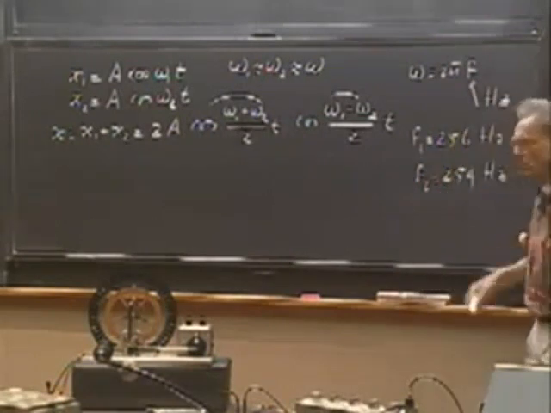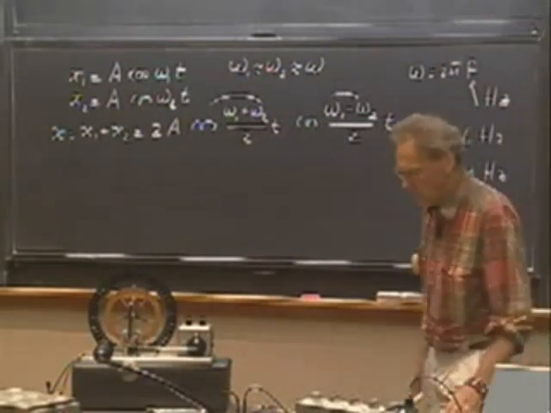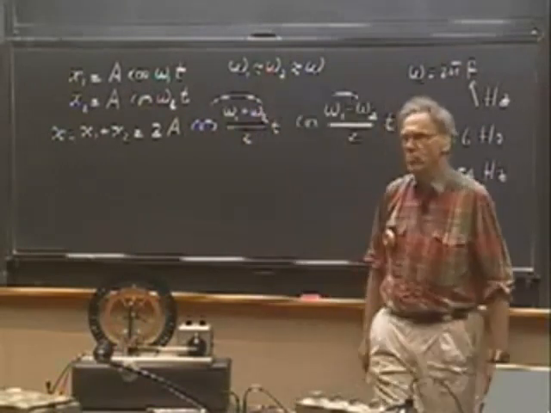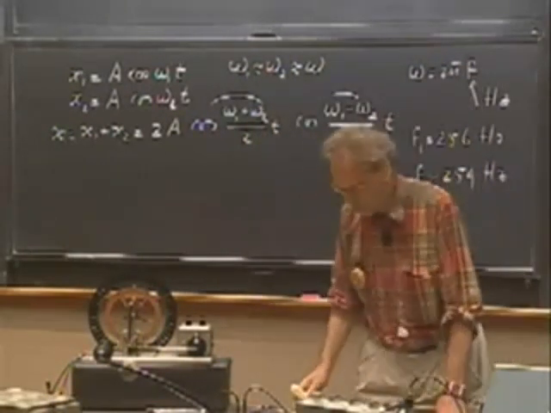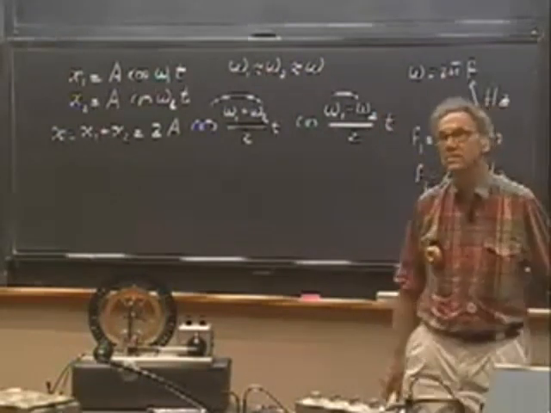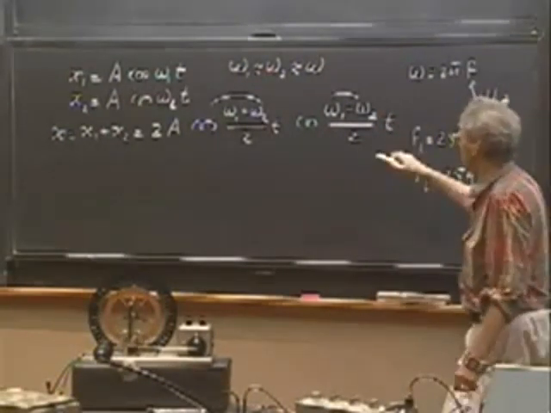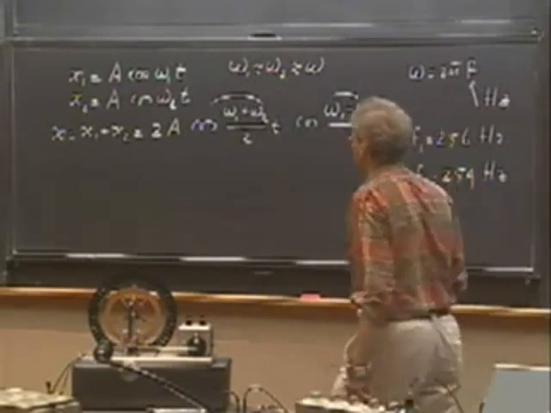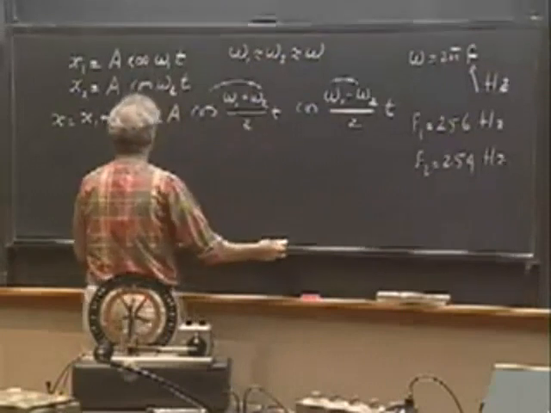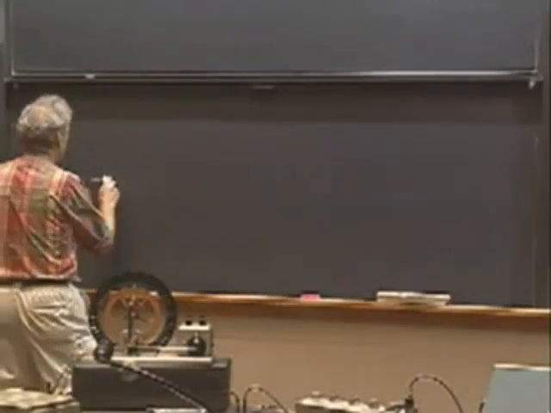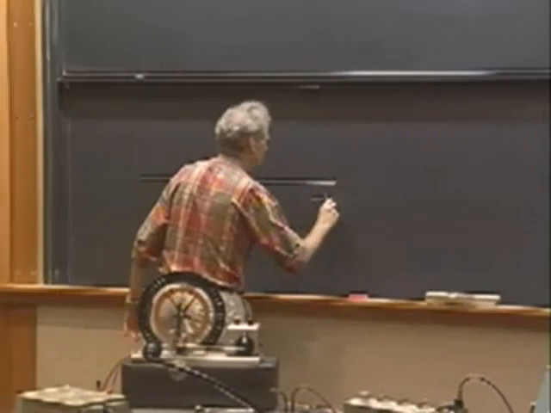If you take these numbers now as a working example, then the period of this oscillation is 1/256 of a second, but the period of this oscillation is only 1 second, because it's the difference between the two divided by 2.